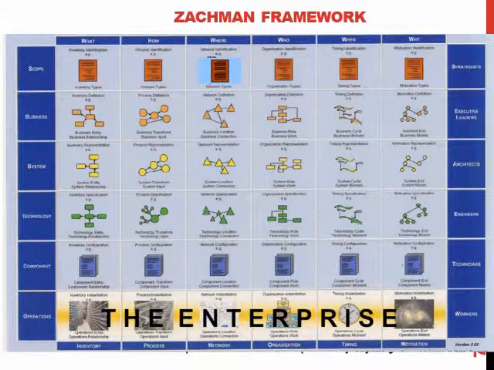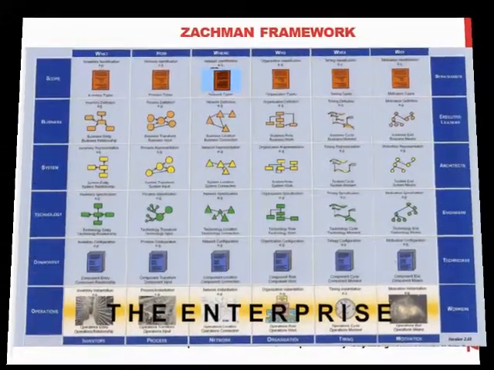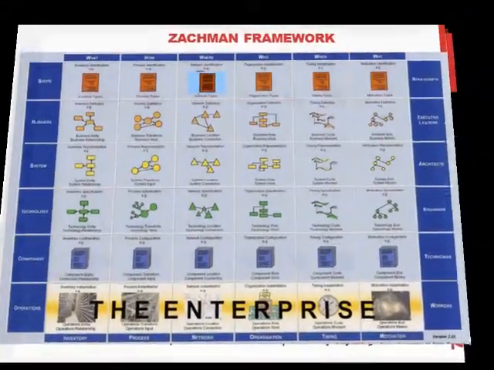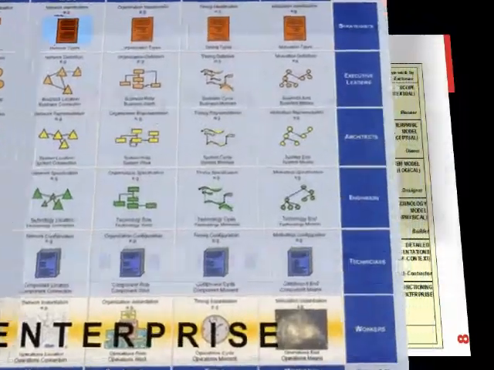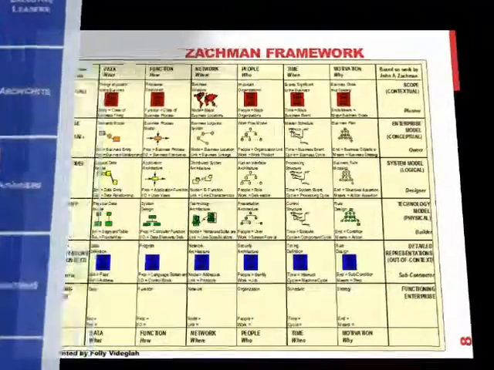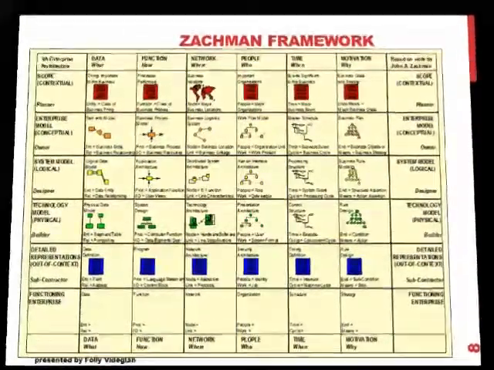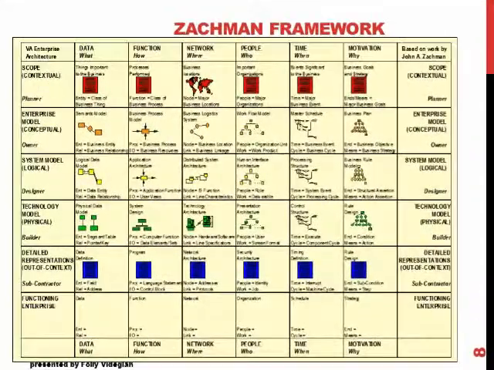Like you have the data area, you have the functional area, and so on. We are still talking about the same things: the data, the function, the network, the people, the time, the motivation, and the perspective. So all this comes with the Zachman Framework conceptual.